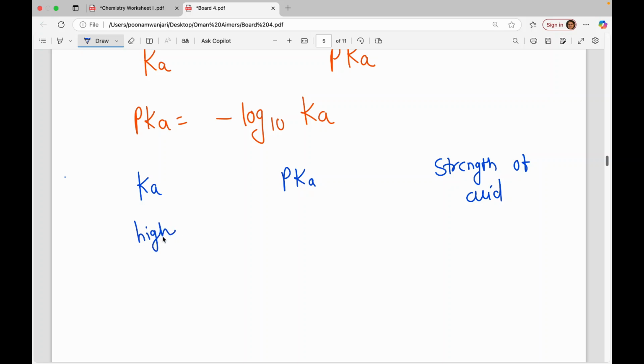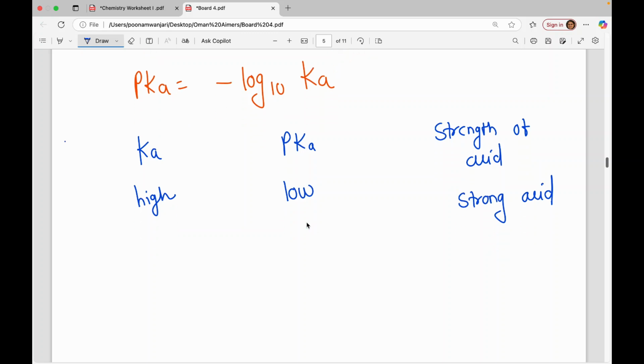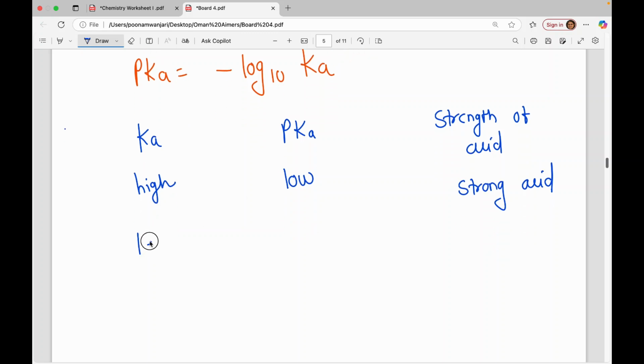If the Ka value is high, the acid is a strong acid, and since we take the logarithm for calculation of pK, its value is low. When the Ka value is low, then the acid is a weak acid, and at that time you get a higher value of pK. So Ka is directly proportional to strength of acid, but at the same time Ka and pK are inversely proportional to each other.